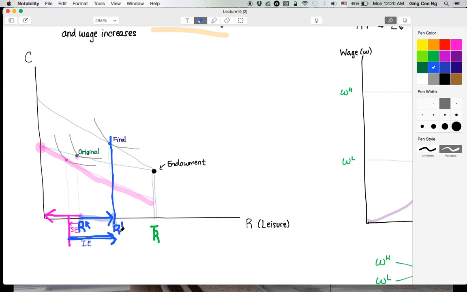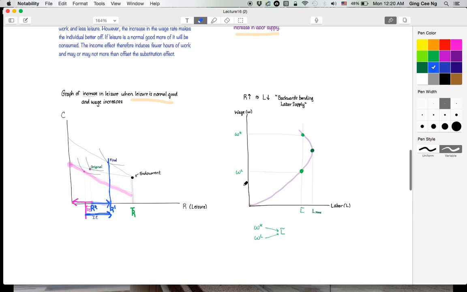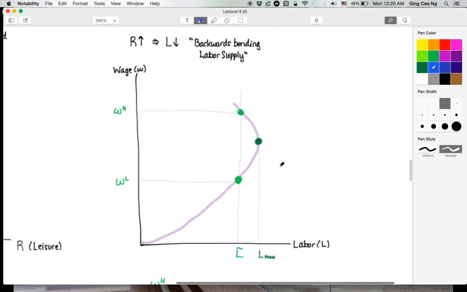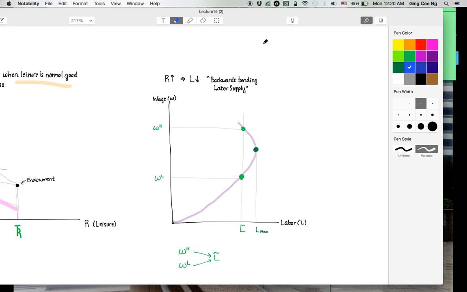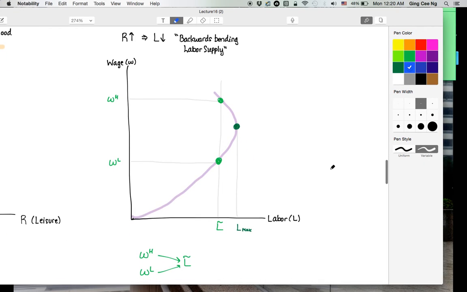So if he's consuming more leisure, what does that imply about how many hours he's working? Well, if he's consuming more leisure, he's supplying less labor. And so what we can talk about is this thing called a backwards bending labor supply.